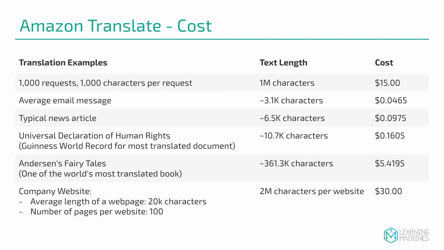And so you would be quite limited in what you could achieve on your budget. Now, if you have a look here in the table, an average email message might cost something like 4 cents, or a typical news article might cost something like 10 cents or so. And so it's really a very, very affordable option.